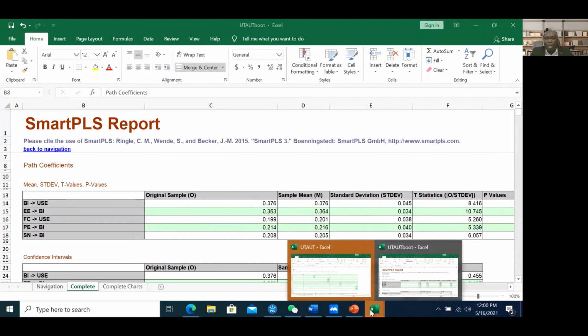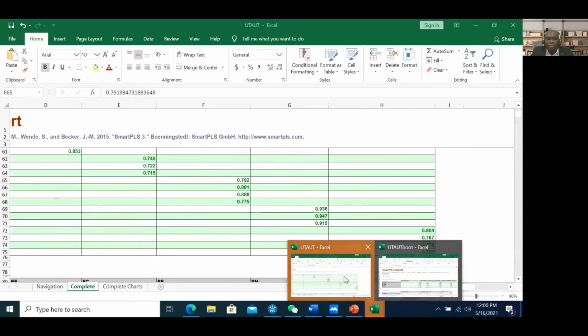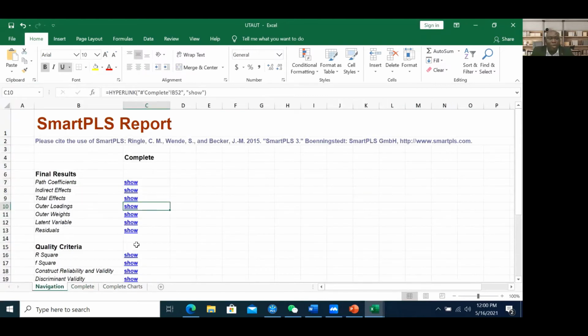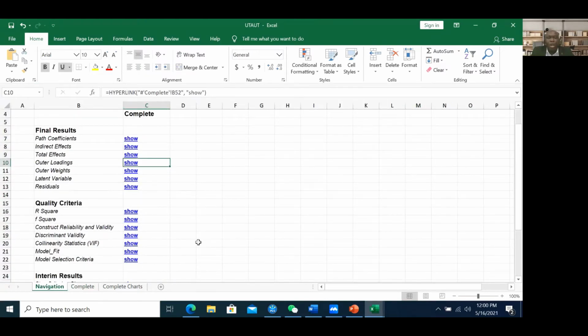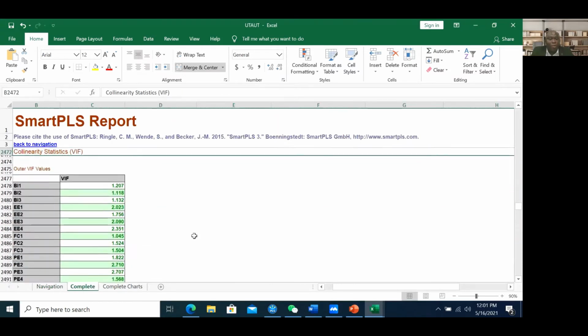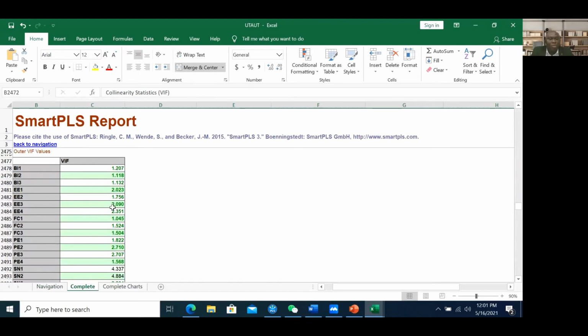Now let's backtrack a bit and go back to the PLS algorithm. From the PLS algorithm, we can find the co-linearity statistics, or the VIF. These are the values for the VIF.